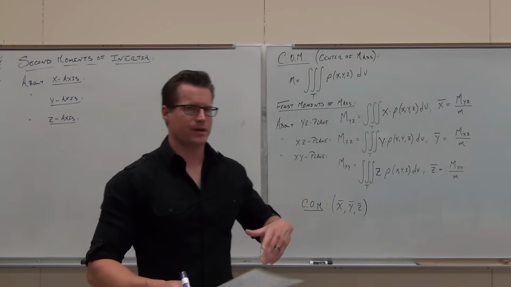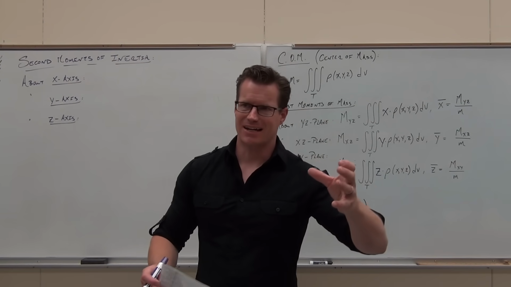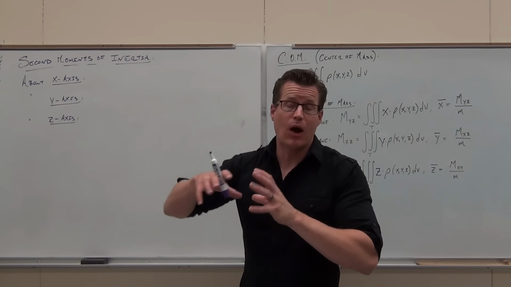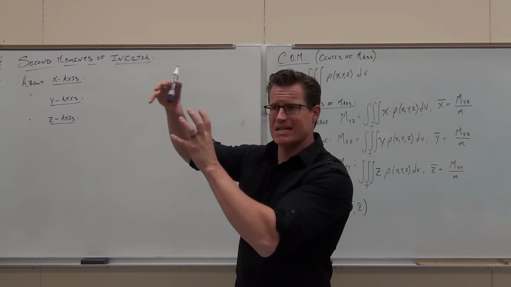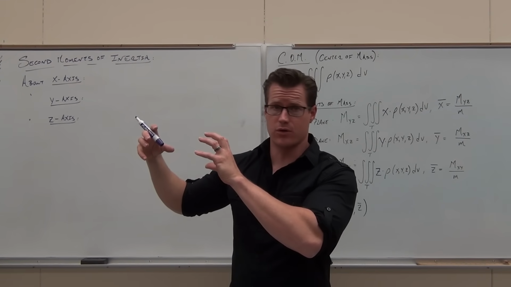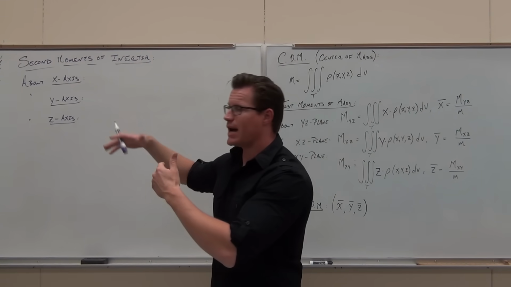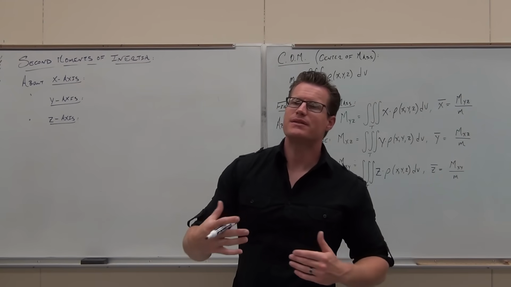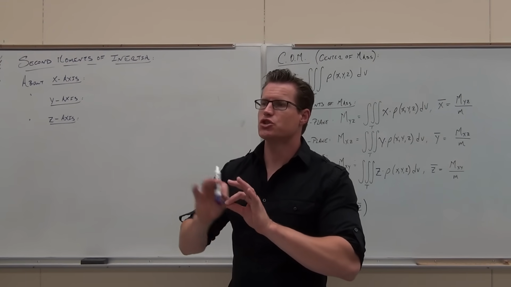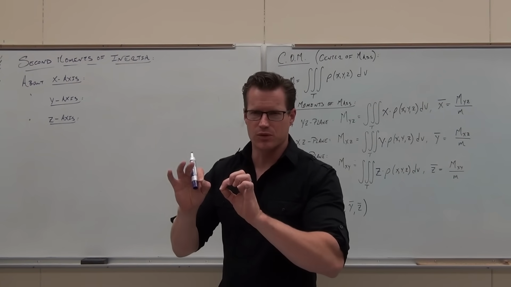What is the second moment about the x-axis? That's basically saying how hard is it to get this 3D thing moving about the x-axis? The larger the number, the harder it is to get to move. Same thing with respect to the y-axis and the z-axis. We also had this idea that if we're talking about the x-axis, it's using the two different variables to compare this.